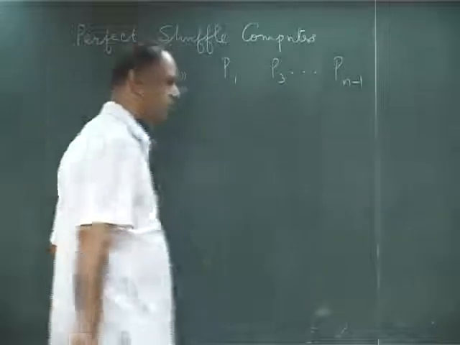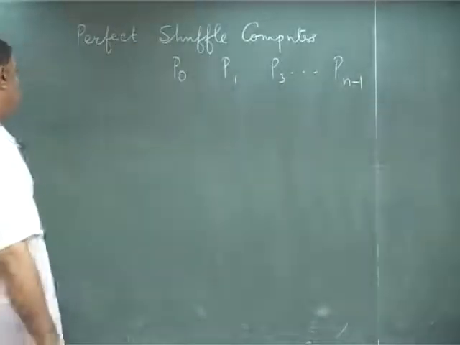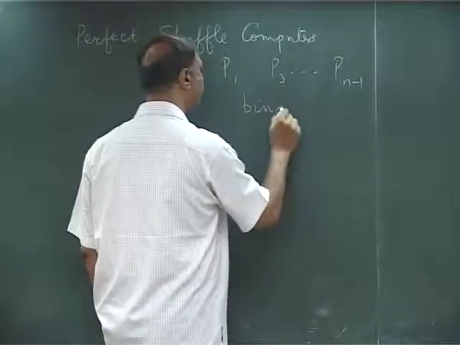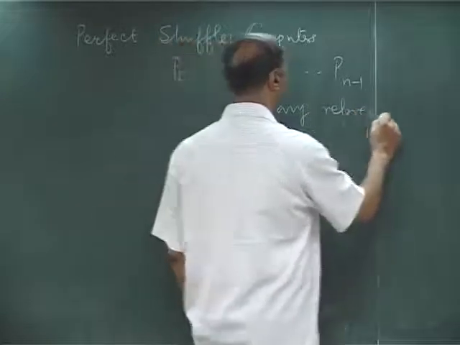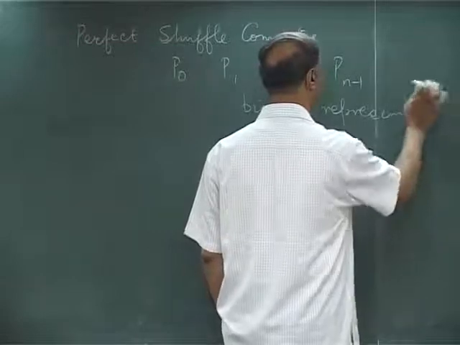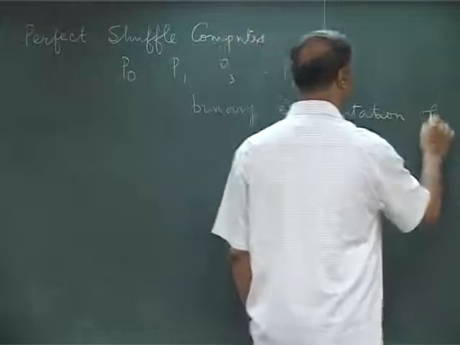These are the n processors, and let us assume the binary representation of i.